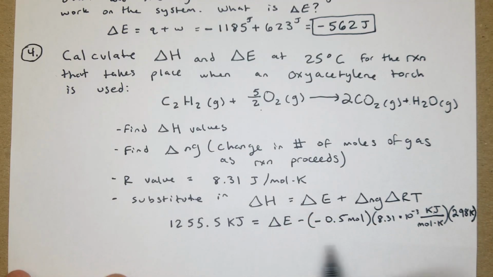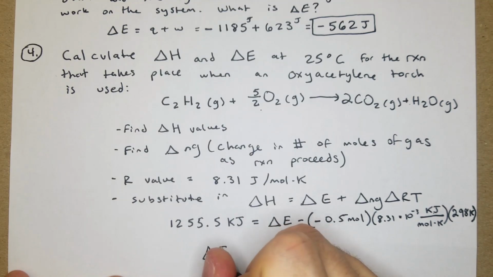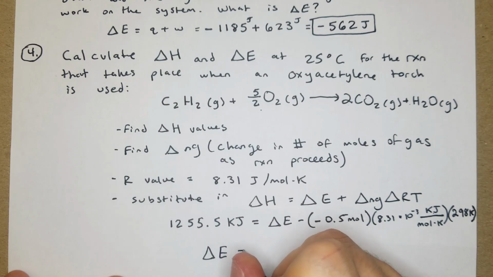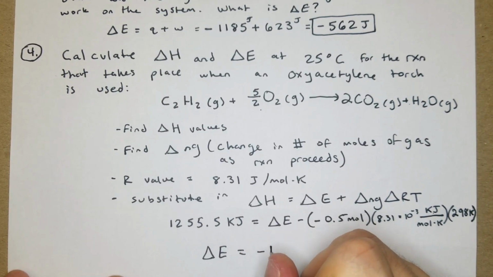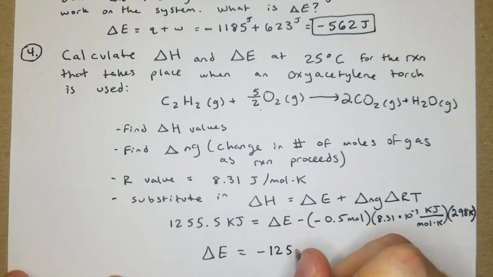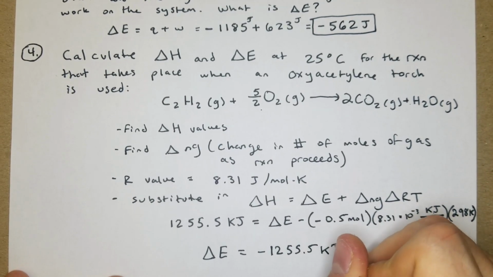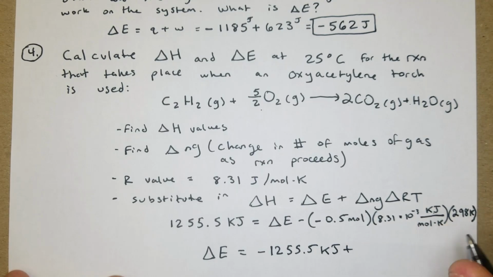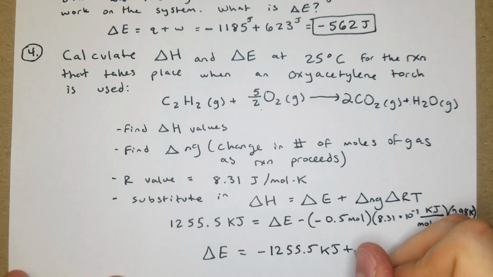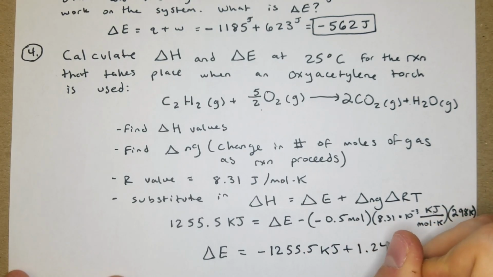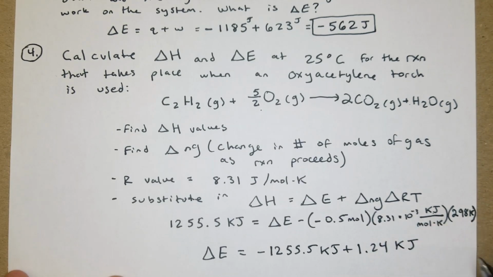Delta E is equal to negative 1255.5 kilojoules plus 1.24 kilojoules, which is what we got on this side.